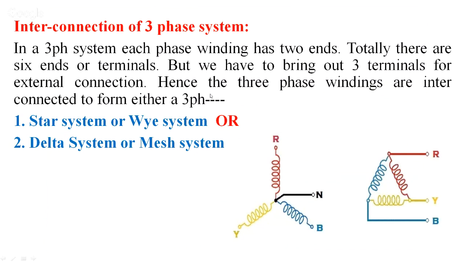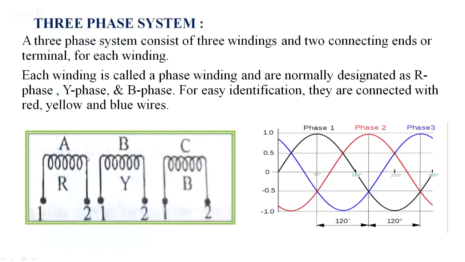Hence, the 3-phase windings are interconnected to form either a star system or wye system, or a delta system or mesh system. So in the previous slide, we have seen there are 3 windings, A, B, C, where their ends have not been connected.